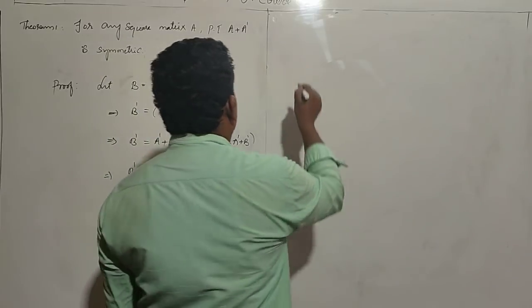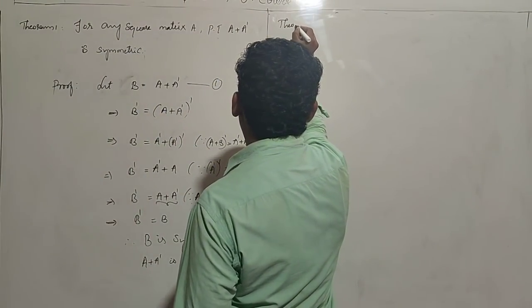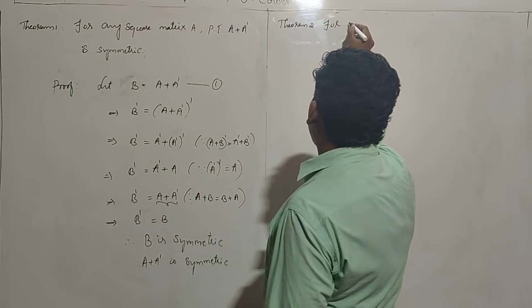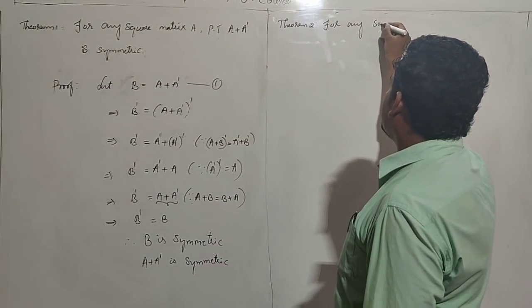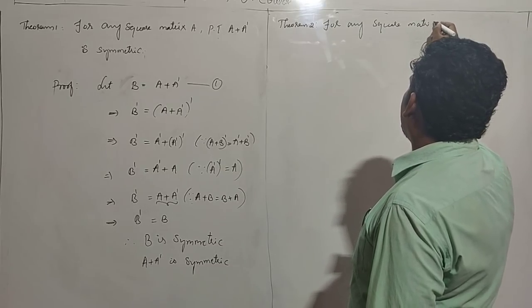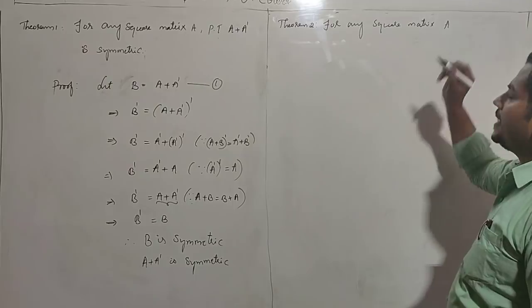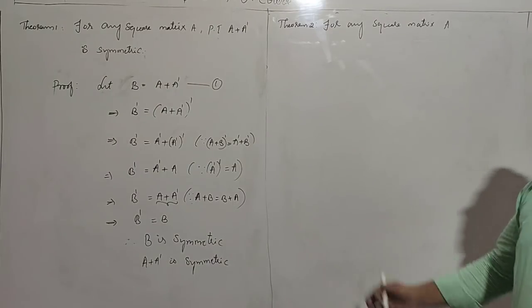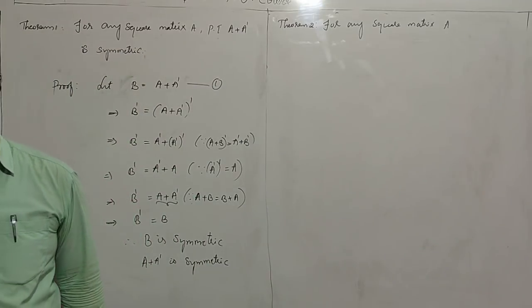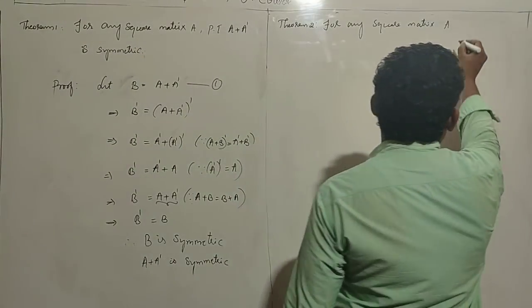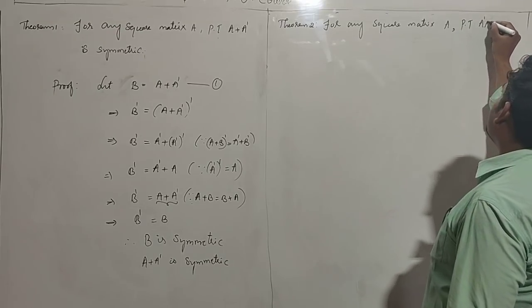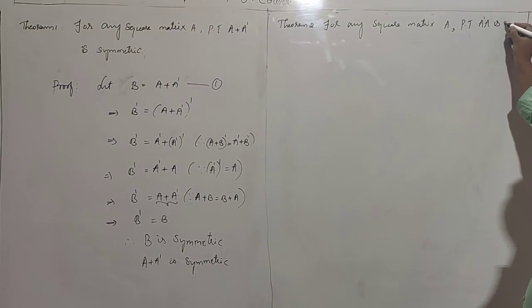Next, theorem number 2. For any square matrix capital A, prove that A transpose into A is symmetric.